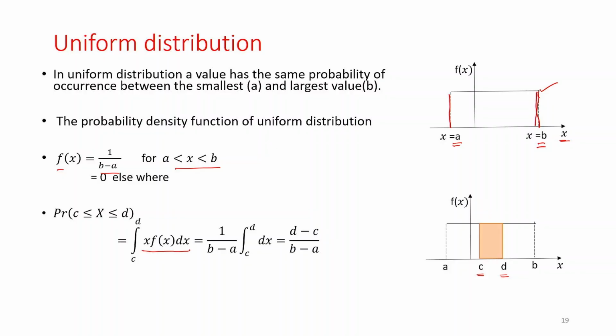We take this distribution function f(x) dx and we integrate from c to d. So this is 1 upon b minus a, that is f(x), and we integrate dx over c to d, and that becomes simply (d minus c) by (b minus a). So that is the probability that the x variable is going to take values between c and d.